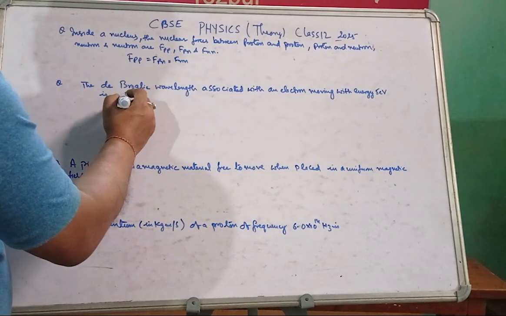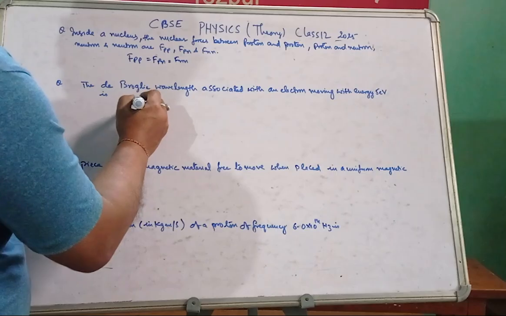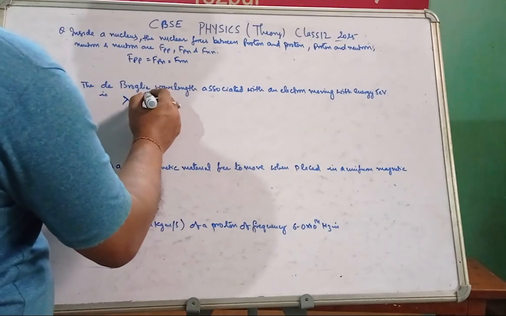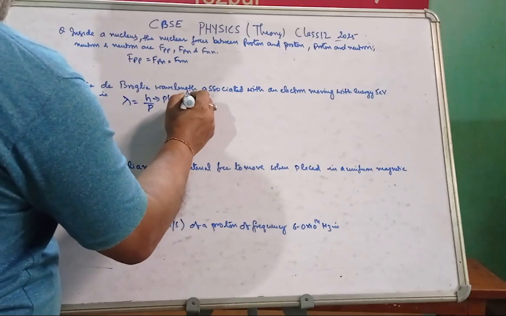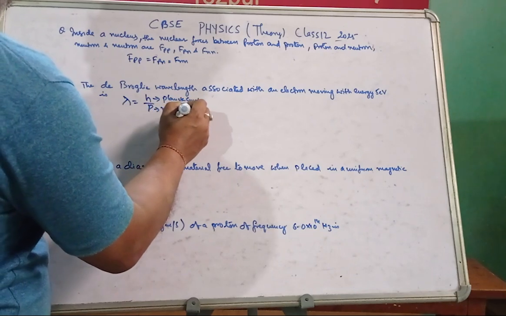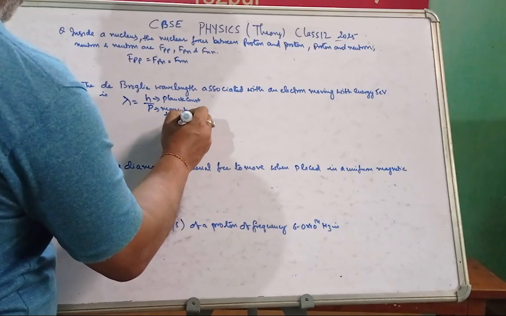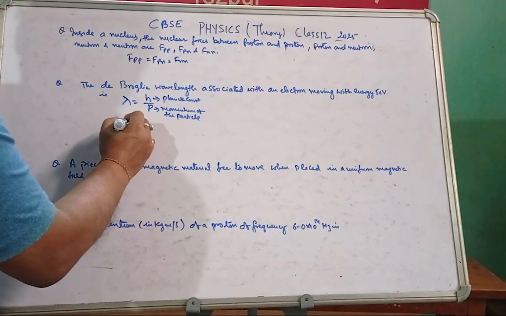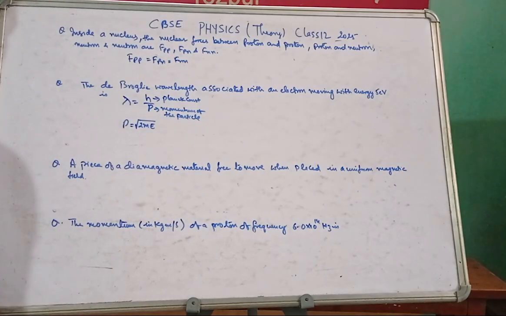So here, the de Broglie wavelength lambda is equal to h by p, where h is the Planck constant and p is the momentum of the particle, and p is equal to root over 2mE, where E is the energy.